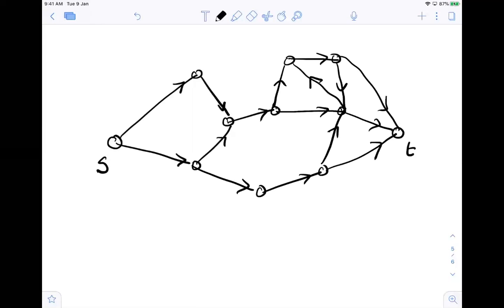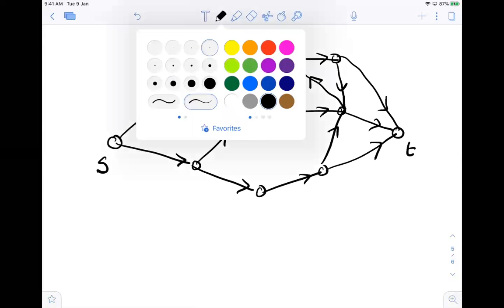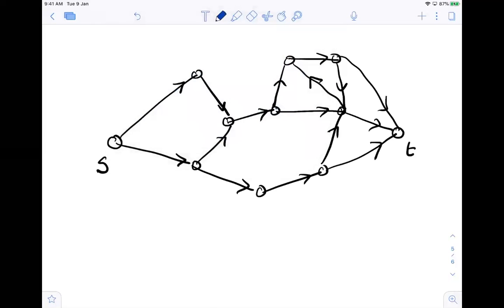Now, each of them also contains a certain amount of capacity. So let me give some numbers here: 4, 5, 6, 1, 6, 8, 2, 9, 3, 1, 2, 5, 6, 4, 7, 9, something like that. This is the capacity.